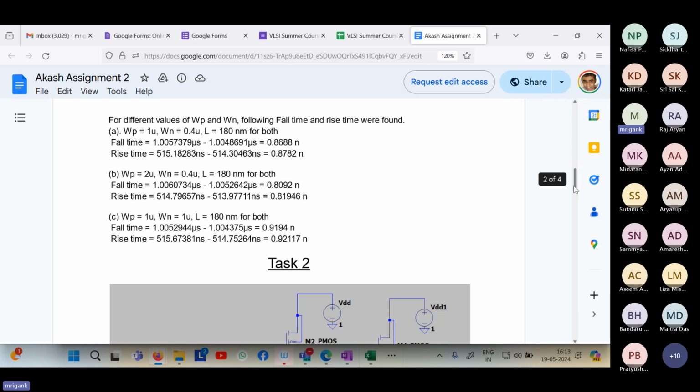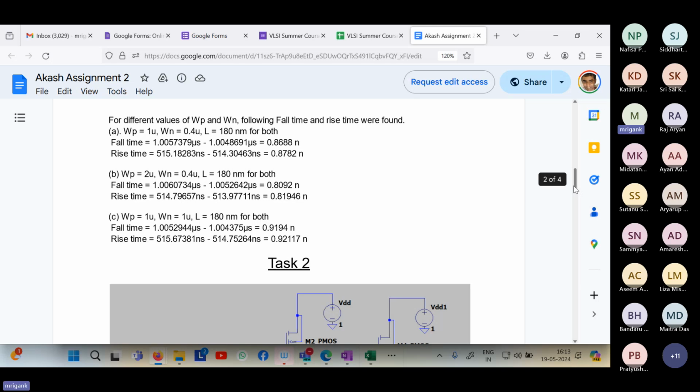So in the same waveform, you can place the markers at 2 points, the rising point and the falling point. The rule of rise time, fall time calculation is generally 10% to 90%. So if the VDD is 1 volt, 10% of that is 0.1 volt, to 90% of the range, that means 0.9 volt.